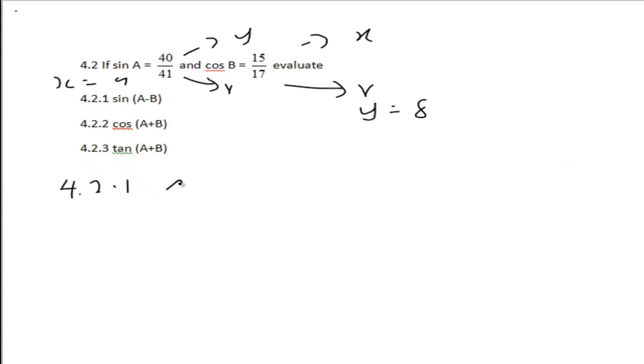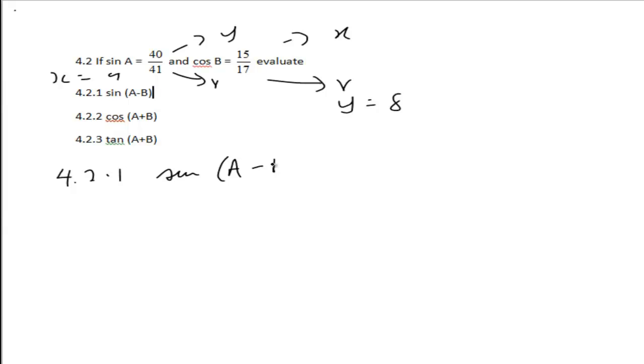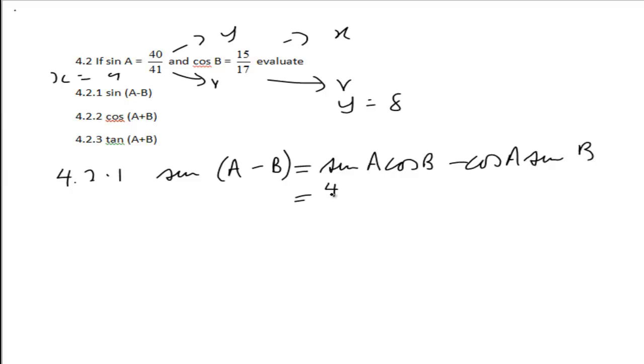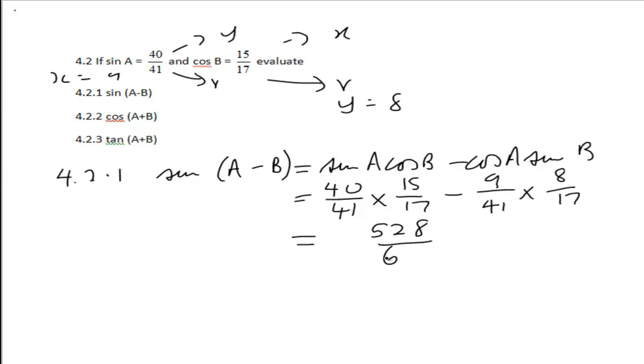4.2.1 is sine of a minus b, which is sine a cos b minus cos a sine b. You've got sine a is 40 over 41 times cos b is 15 over 17, minus cos a, which is x over r, 9 over 41, times sine b, which is y over r, 8 over 17. When you work that out, you'll get 528 over 697.